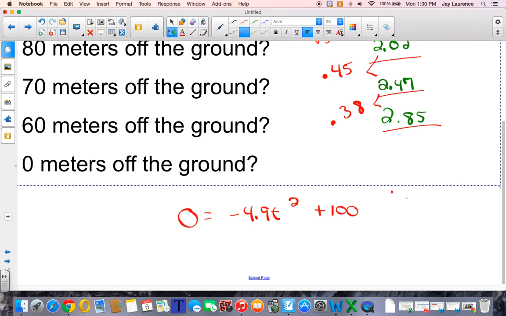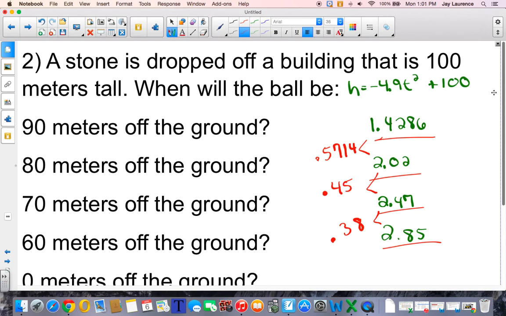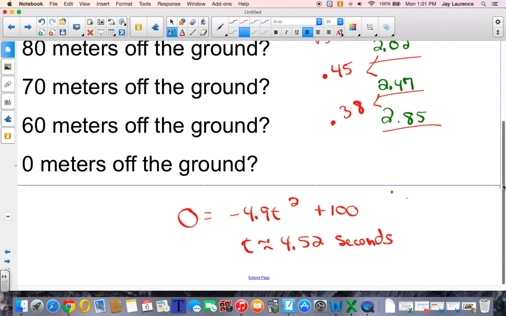Okay. It looks like I'm going to get about, t should be about 4.5200 seconds. That's how long it should take the stone, was it a stone? Yeah, the stone before it hits the ground. Okay, so about 4.5 seconds.